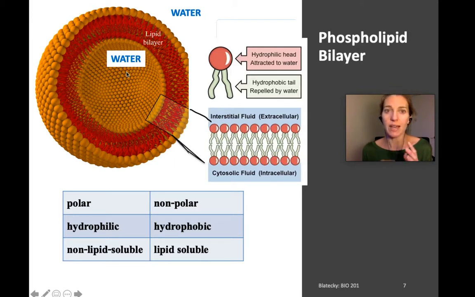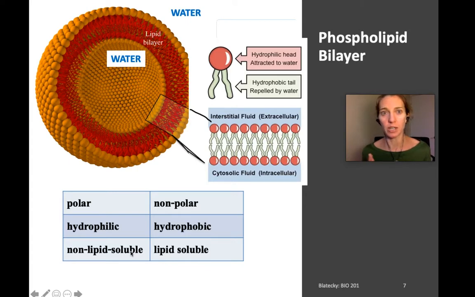And so what we see is that our phospholipids, right, here is your phospholipid in isolation. So again, you've got a hydrophilic head. So hydrophilic is the same thing as polar. It's also the same thing as non-lipid soluble. So I have this vocabulary highlighted for you all because it is important to be able to keep these terms straight and to be able to use them interchangeably.